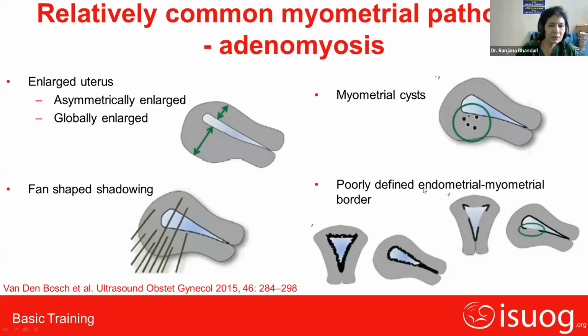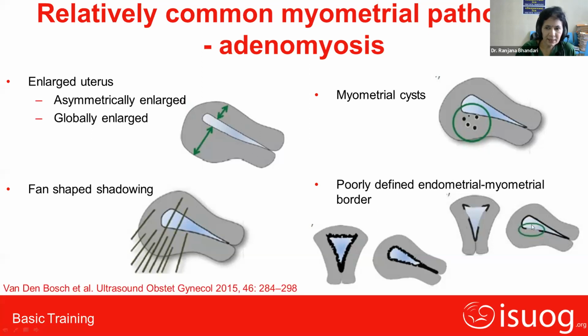Then comes poorly defined endometrial myometrial border. This is very, very important. I had shown in the last figure how the junctional myometrium is seen, and it is so thin and hypoechoic that you can differentiate the endometrium from myometrium. But in cases of adenomyosis, sometimes the whole portion is suffering from adenomyosis, so it becomes thickened.